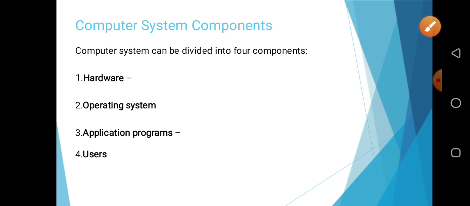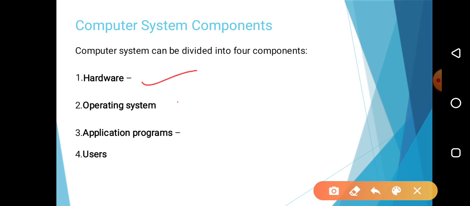Here the question comes, what exactly is system software? Your computer system is made up of four parts: hardware, software, application program and the user. Hardware is the physical part like CPU, different IO devices, motherboard, etc. Software. There are two types of software that you have already learned in first year.